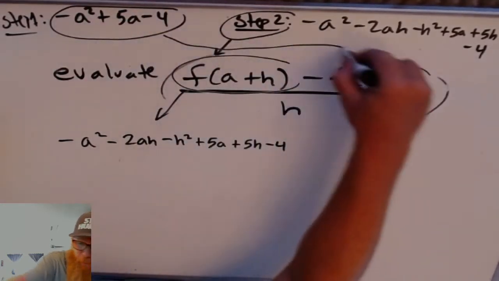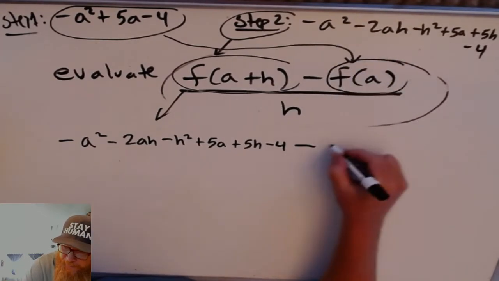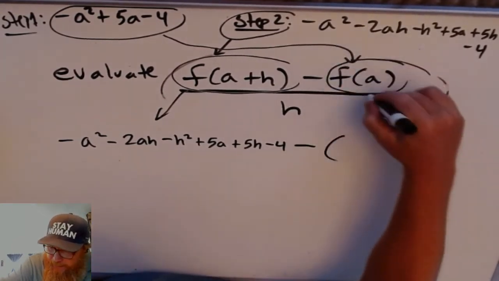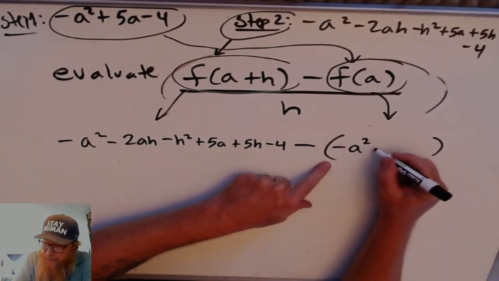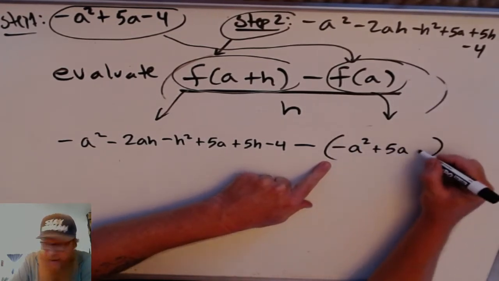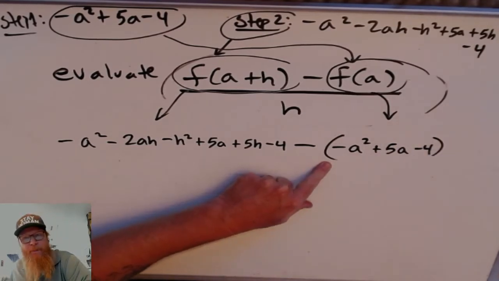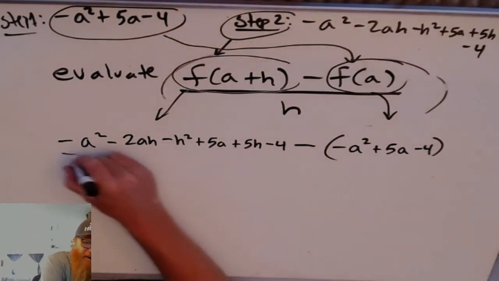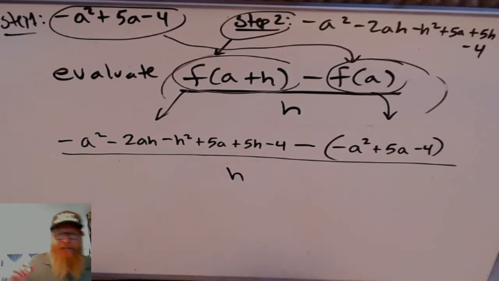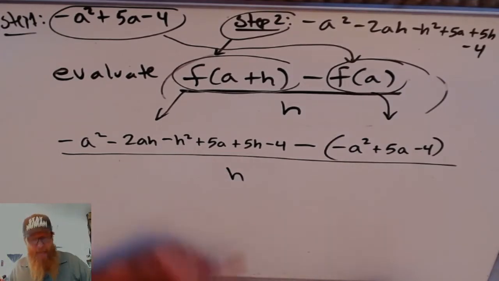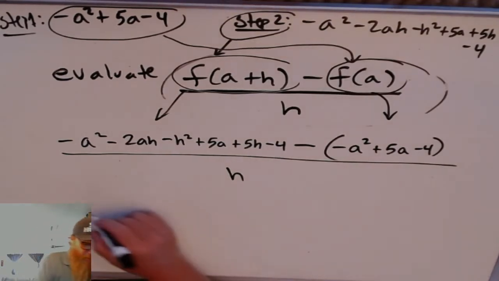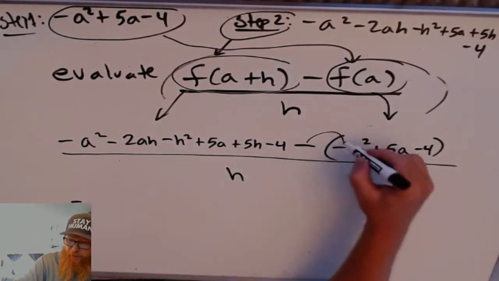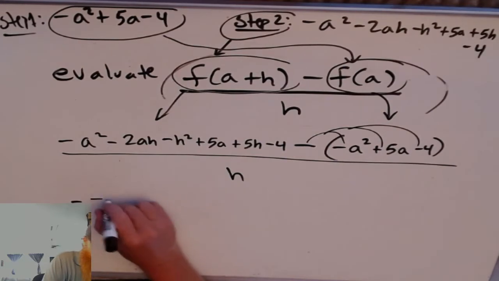And then step 1 goes in parentheses. So step 1 goes over here. Negative a squared plus 5a minus 4. And then I'm going to divide all of this by h. This is the step that I did not have in example 4. Distribute the negative sign.